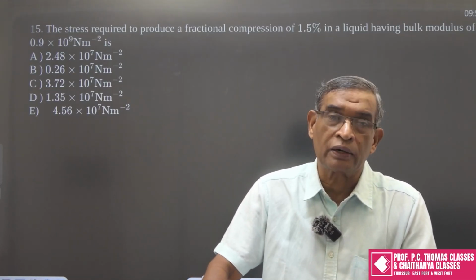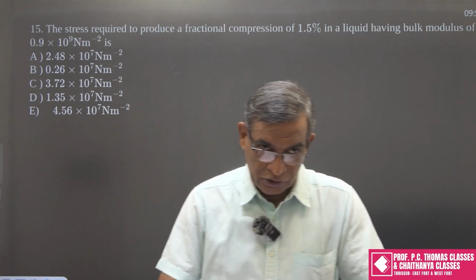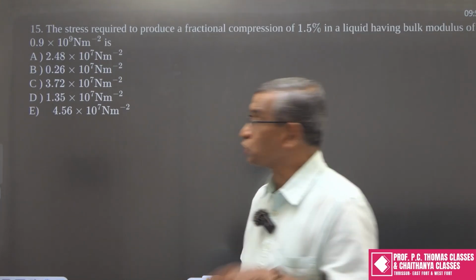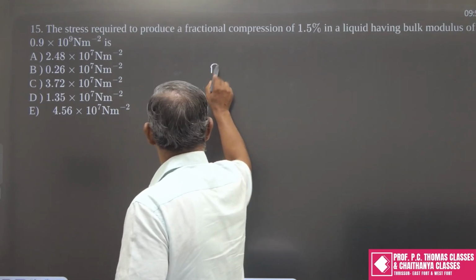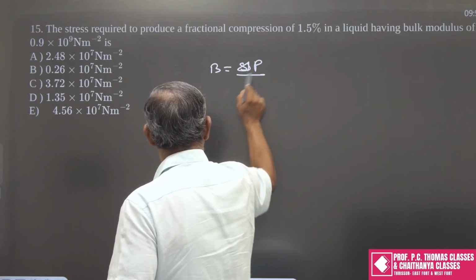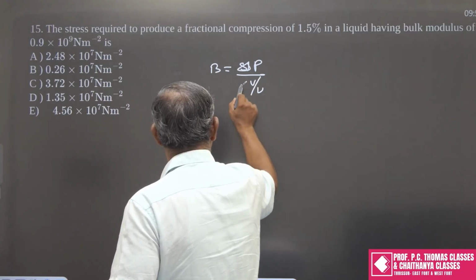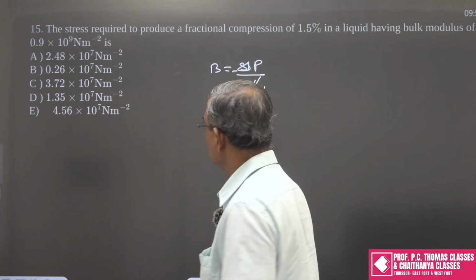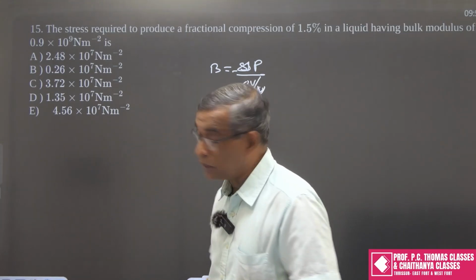What is given? Strain is given and also the bulk modulus. Basic expression by Hooke's law: bulk modulus is given by volume stress delta P by volume strain delta V by V. Of course, there is a minus sign, but they are not bothering about the minus sign.